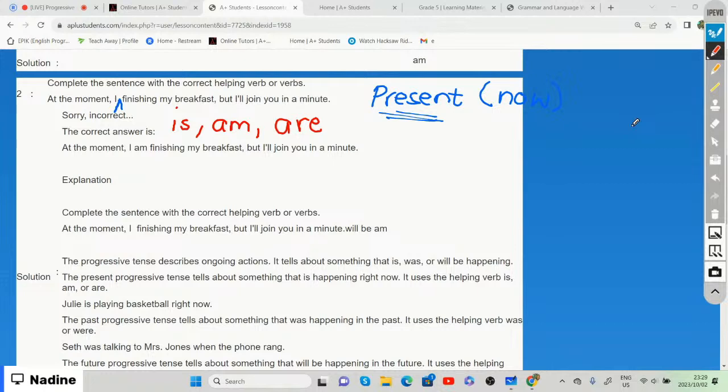Which one is the correct helping verb within that sentence?